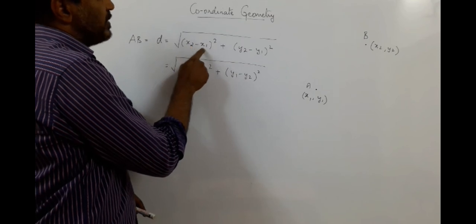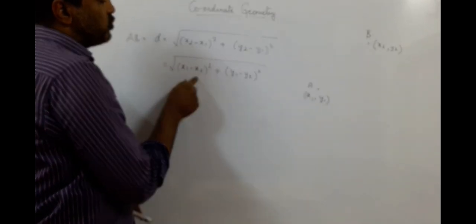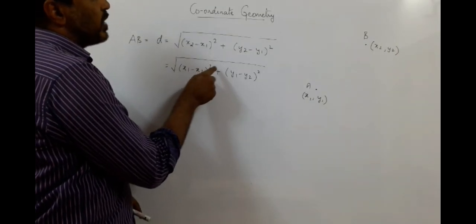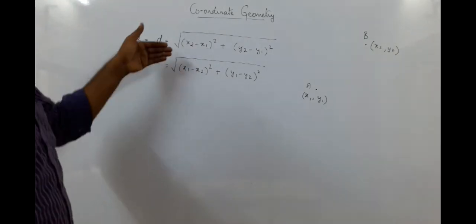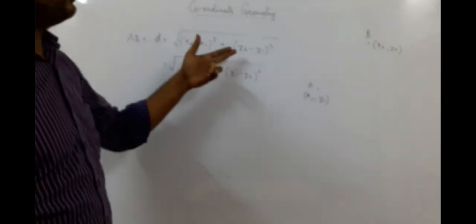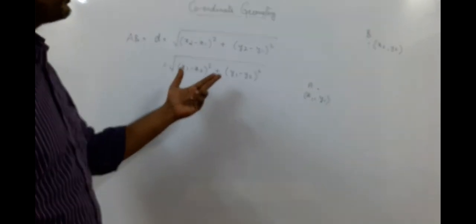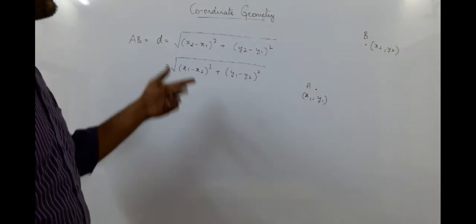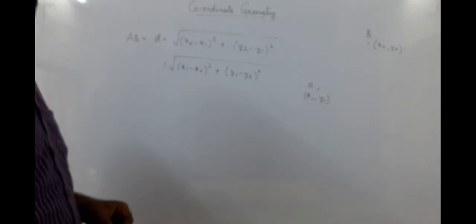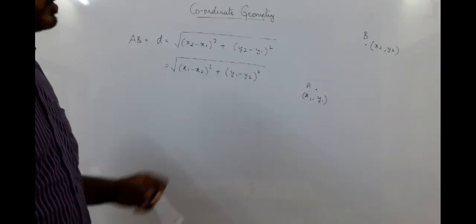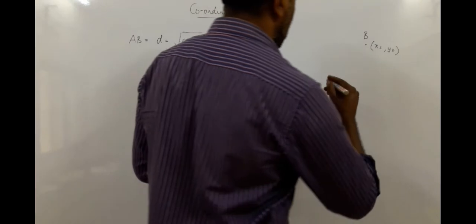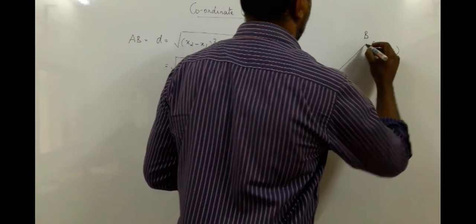So if x2 is greater than x1, then x1 minus x2 will be a negative number, but the square will still be positive. So whether I write x2 minus x1 the whole square plus y2 minus y1 the whole square, or x1 minus x2 the whole square plus y1 minus y2 the whole square, it doesn't make much of a difference. Okay, so now we have found out how to find the distance when 2 points are given.